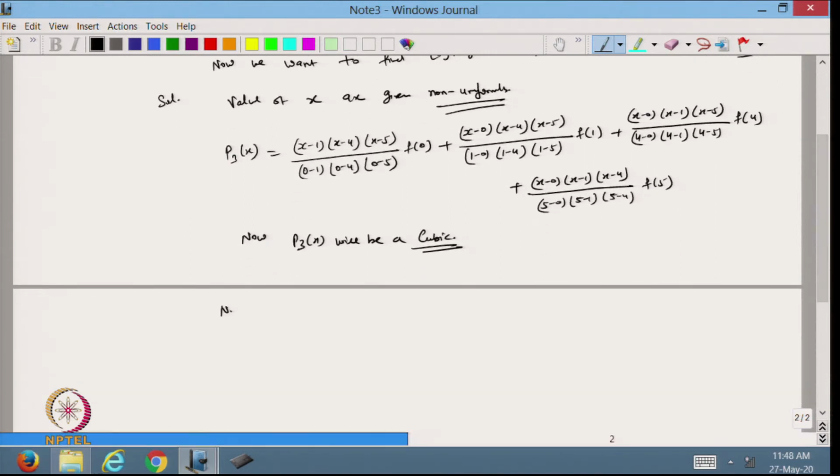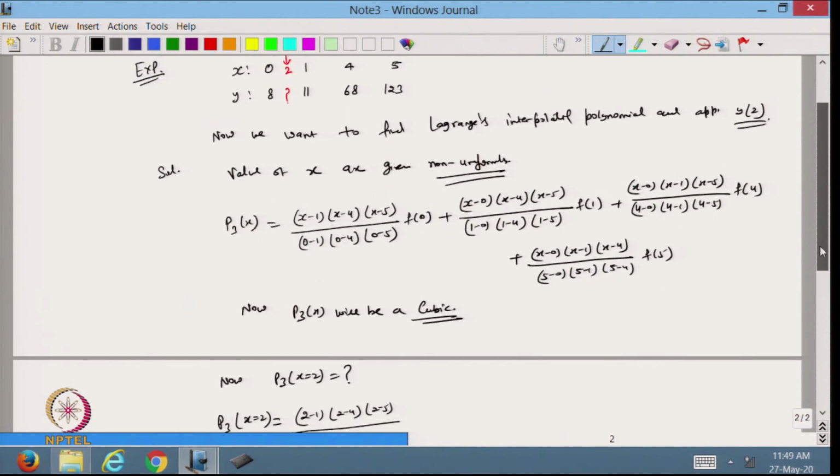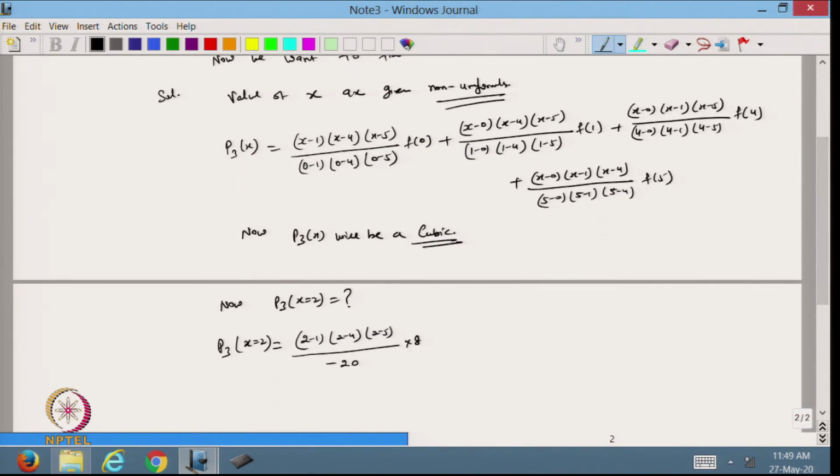Now, we want to find the value of P3 at x equal to 2. I will directly put this value here. So, P3 at x equal to 2 will be: 2 minus 1, 2 minus 4, 2 minus 5, which is 1 times minus 2 times minus 3, divided by minus 1, minus 4, minus 5, which is minus 20, and f0 is 8, so into 8.